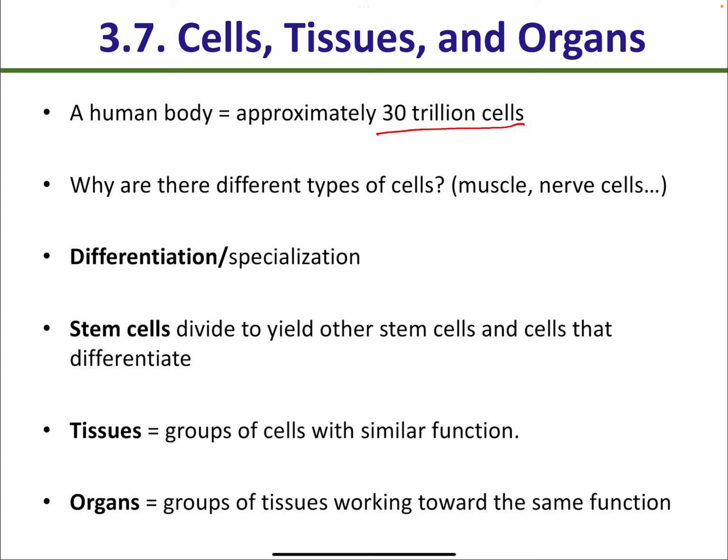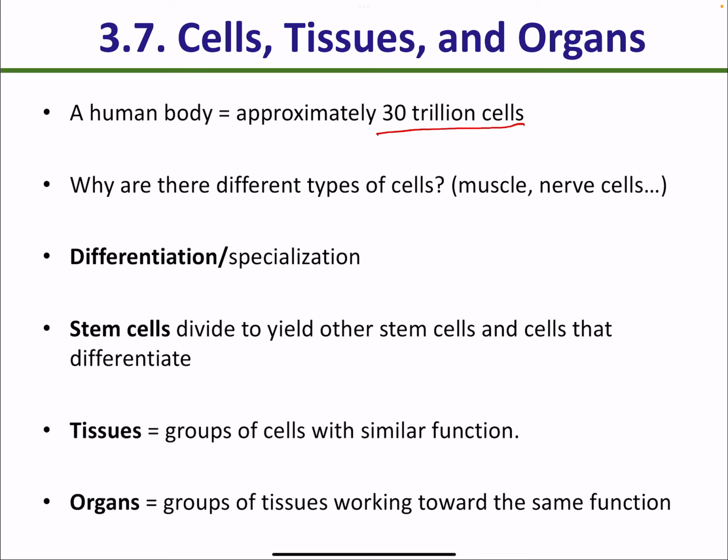Your white blood cells and your nerve cells contain exactly the same genetic information, 23 pairs of chromosomes. The question is, if they have the exact same genetic information, why are they different in structure and in function?